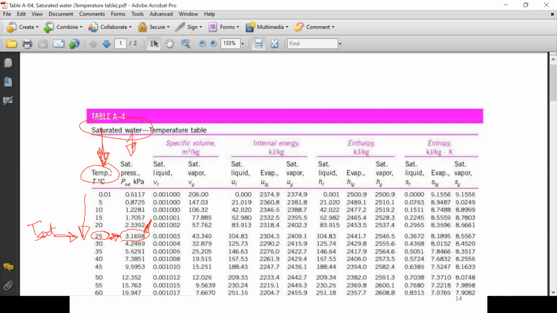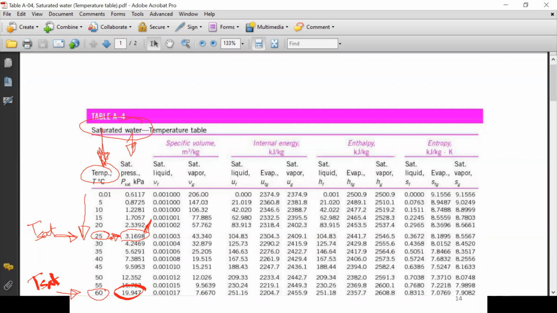Now, if I go further down to 60, for example, this is the new saturation or boiling temperature. At this boiling temperature, what's the pressure, higher or lower? Higher. So the higher the boiling temperature I want, the higher the pressure I need.